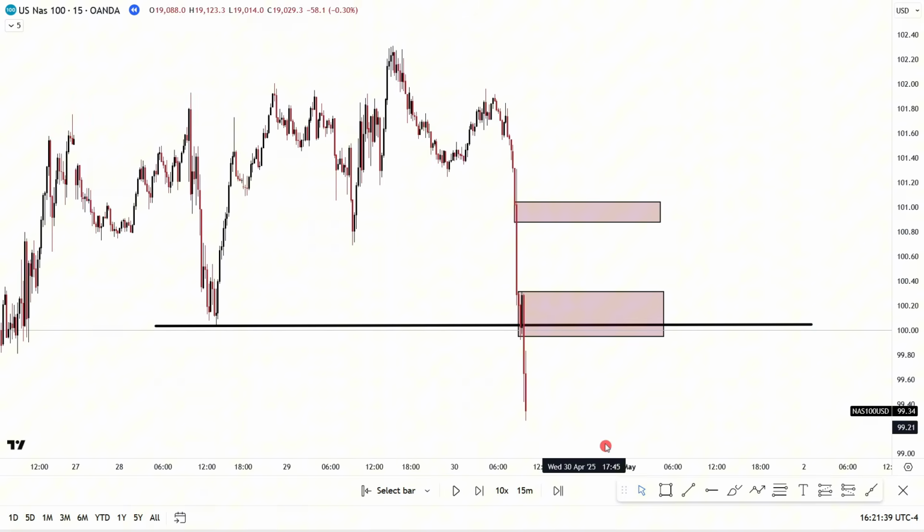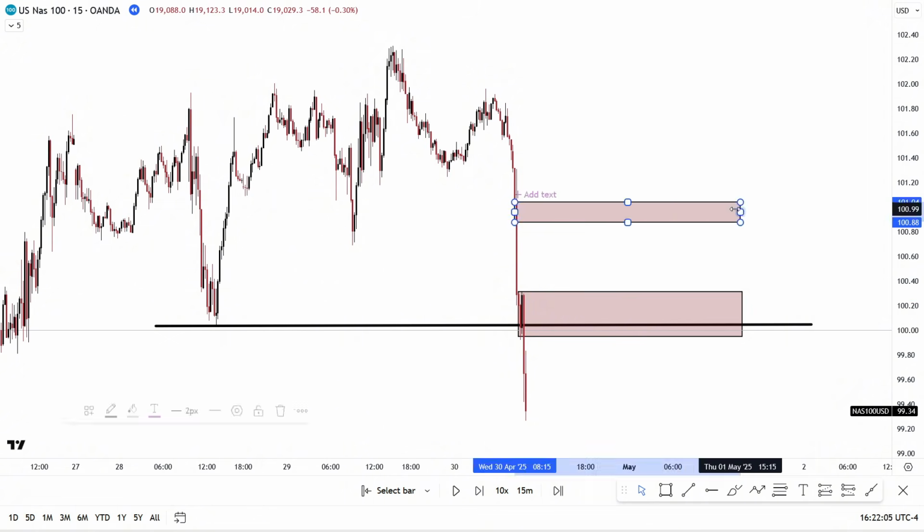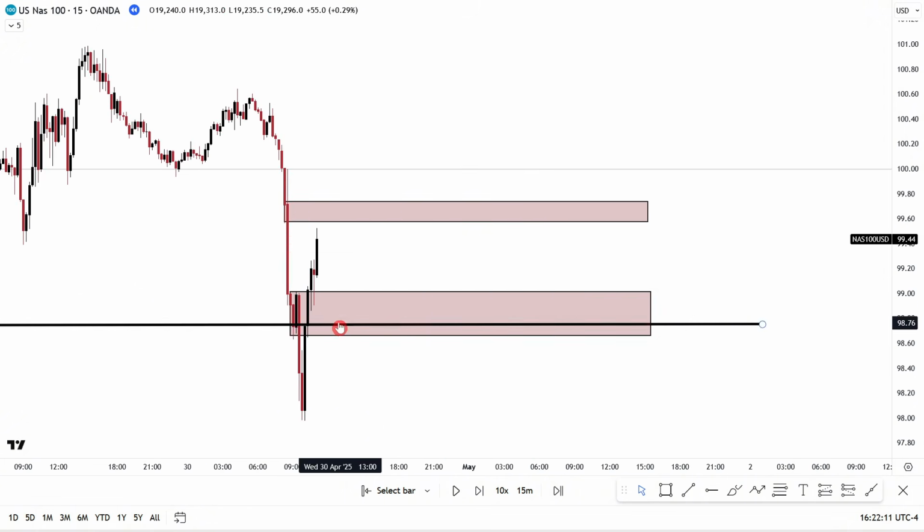So again, what would confirm this sweep? One option is waiting for price to break this supply zone and get an entry here, or wait for price to break the zone and come back and retest. When price retests, this zone instantly becomes a demand zone. So if you would have entered once price broke the zone, you would have been correct.